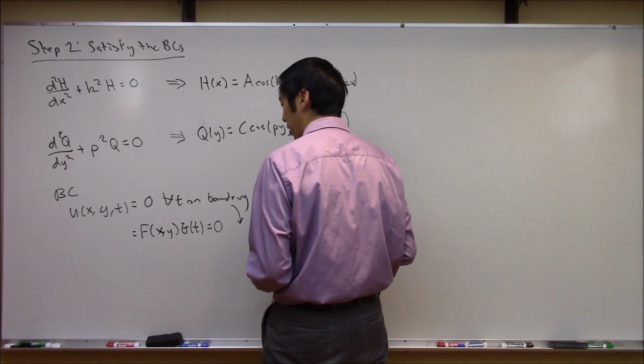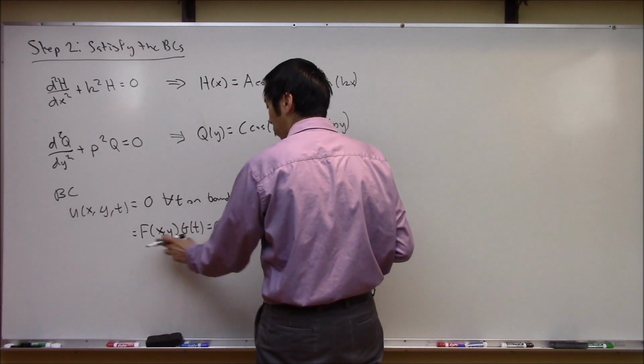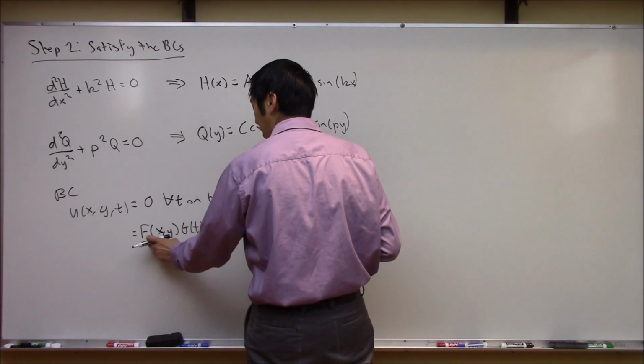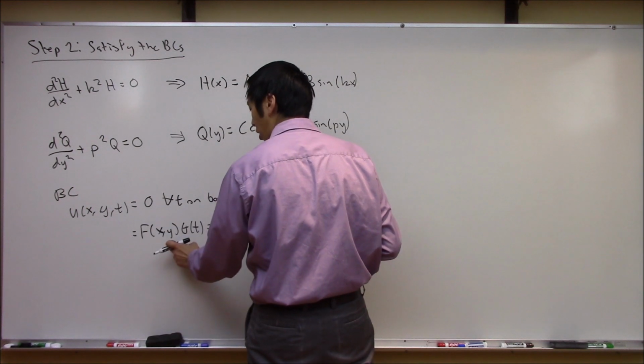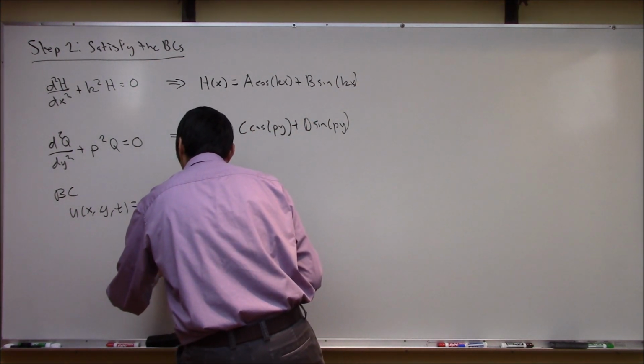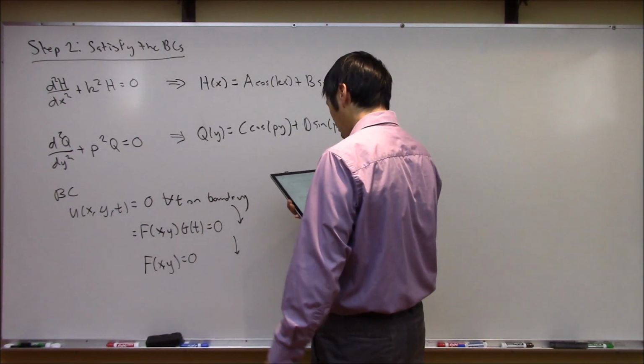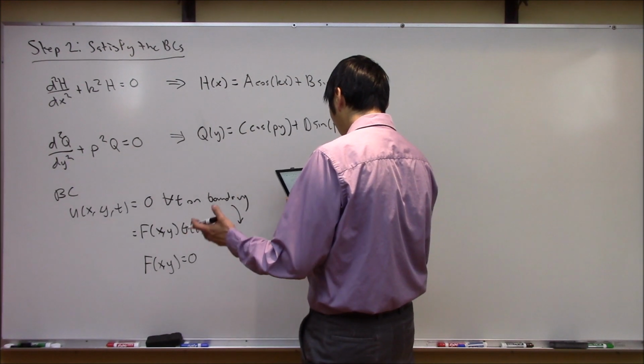Since t is independent of the spatial variables, this puts a restriction on what f can look like. So we can say that f of xy has got to equal 0 on the boundary.